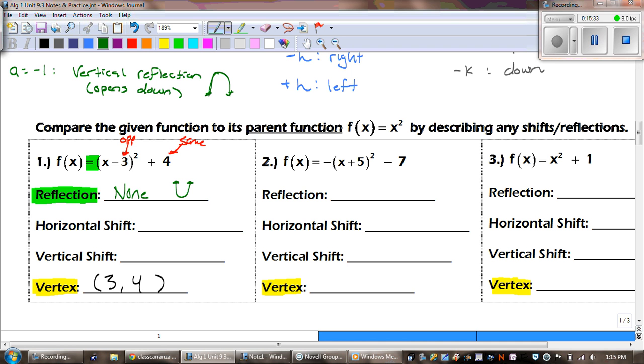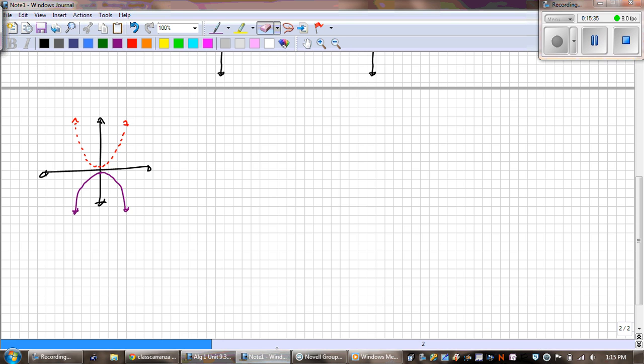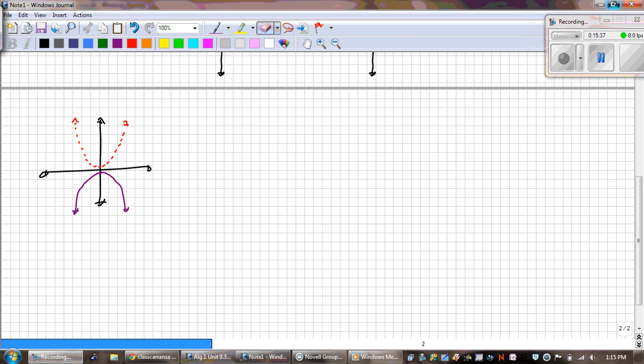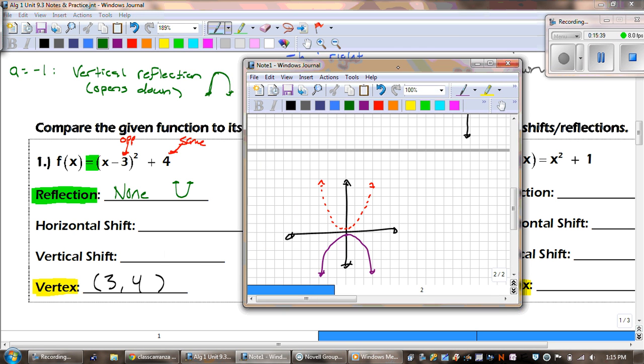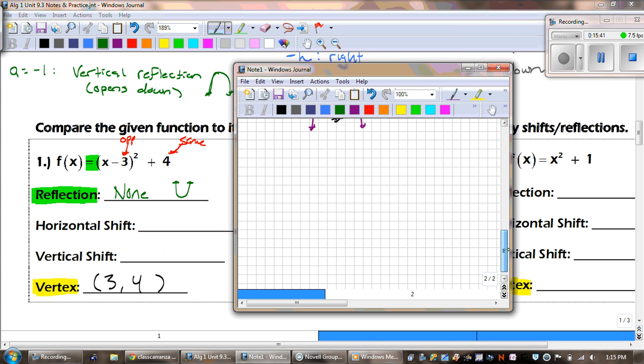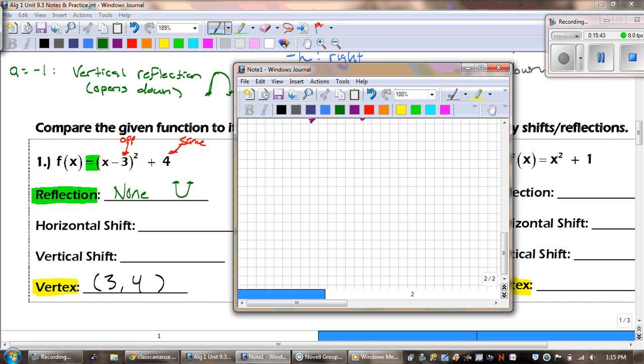Now, the next part, the shifting, you guys might be like, whoa, Mr. Grice, what are you talking about? Let me show you. Okay, so let me draw what we've got. I'm not going to draw the entire graph, but this is where we normally start, okay?